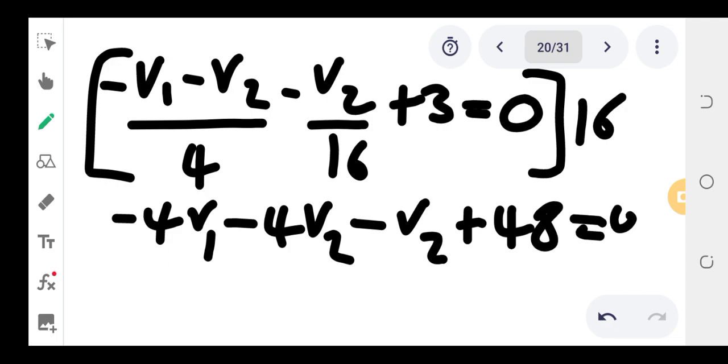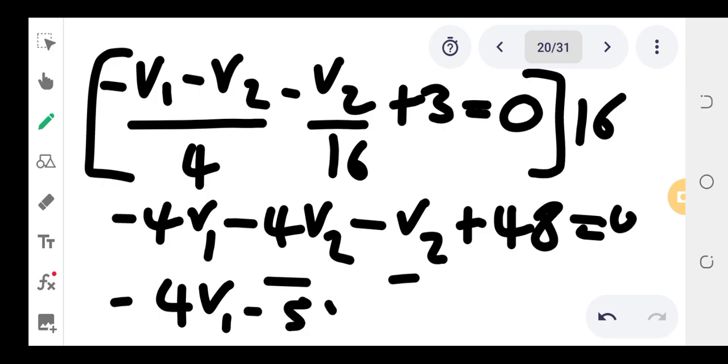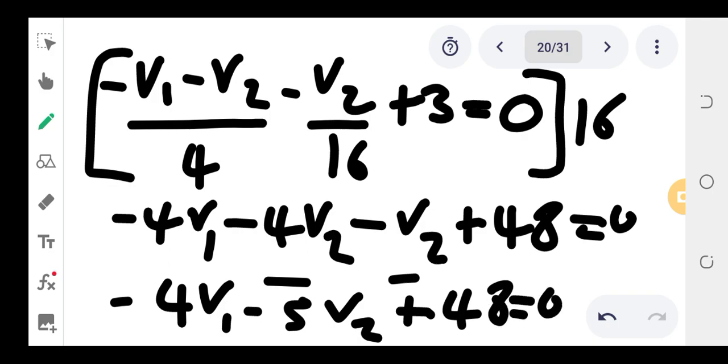So what we get now is negative 4V1 minus 5V2 plus 48 equals 0. It's just a matter of collecting the like terms.